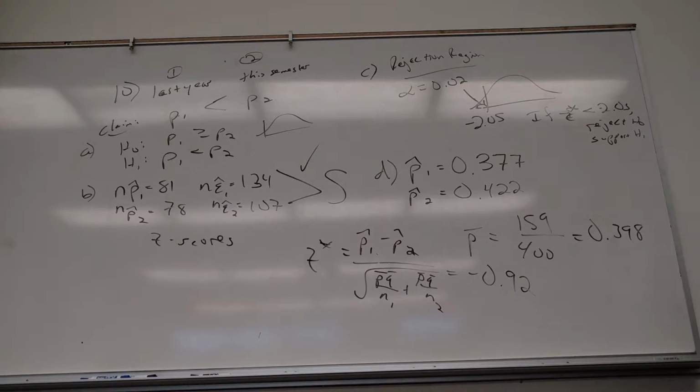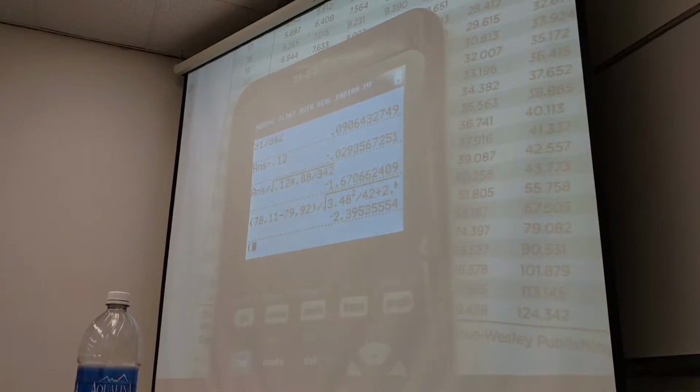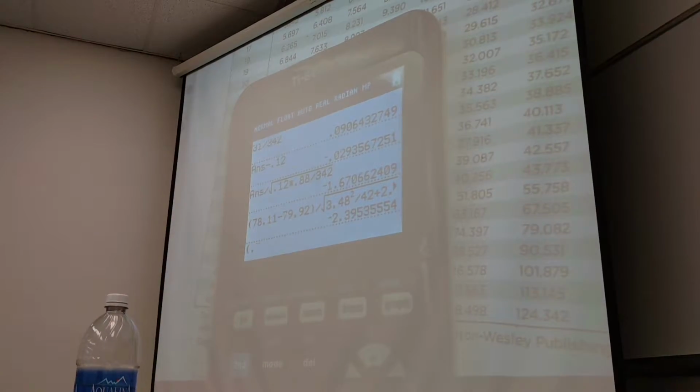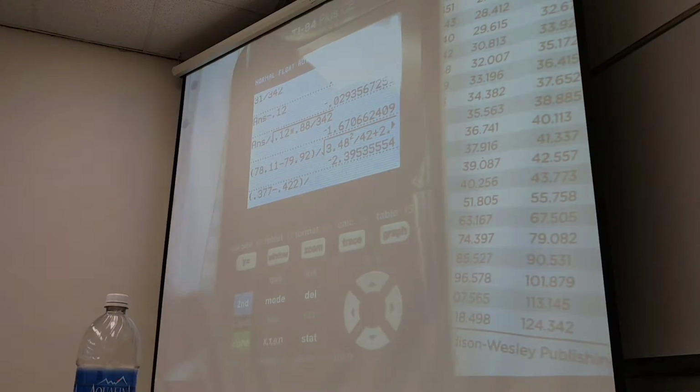We got top. So we got to tell it what the top is. 0.377 minus 0.422. So that's p hat 1 minus p hat 2, divided by square root. Of course, if you have an older calculator, just don't close that parenthesis that opens until you've got all this stuff in there.